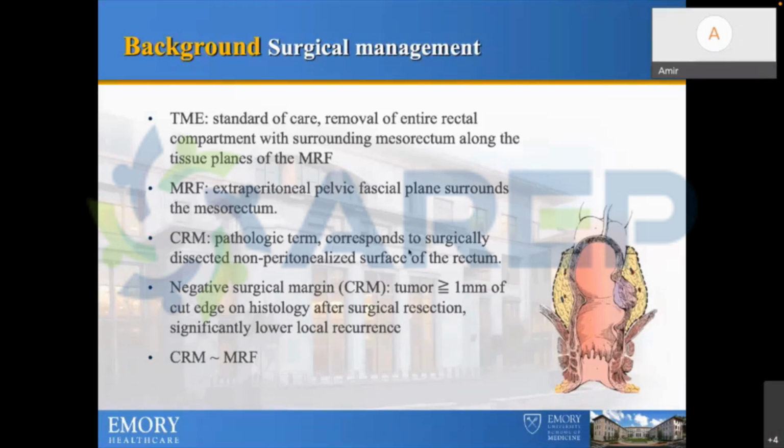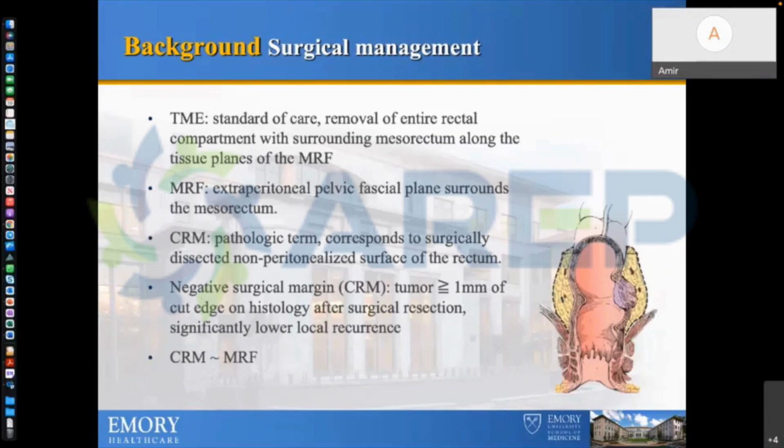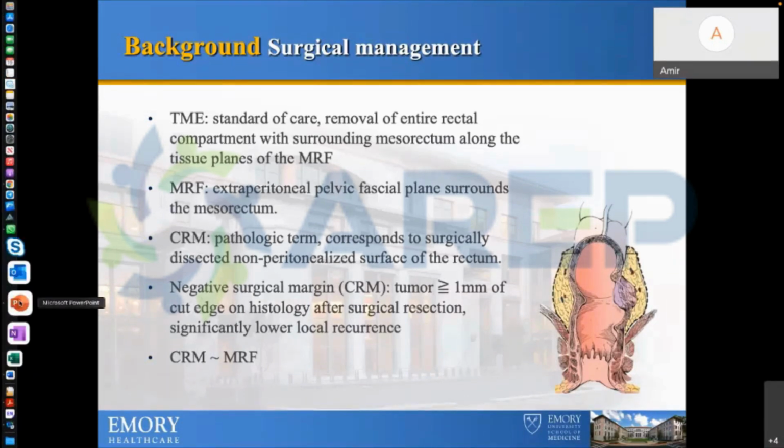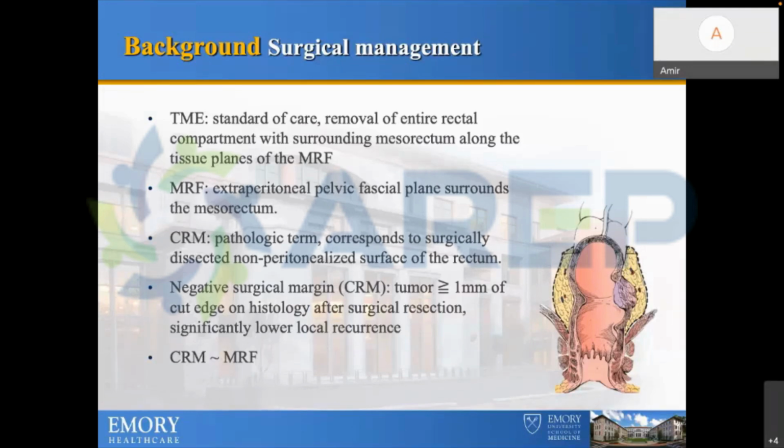You will hear in the literature or when talking to your surgeon colleagues the term TME, which is total mesorectal excision, which is considered the standard of treatment for patients with rectal cancer.